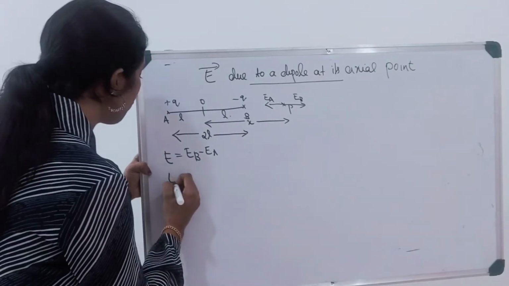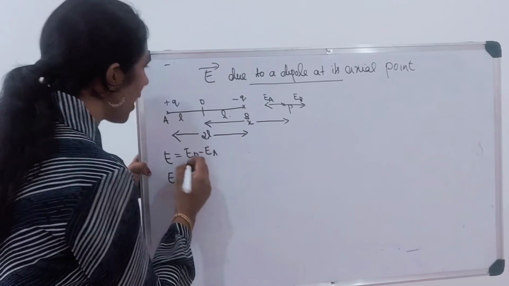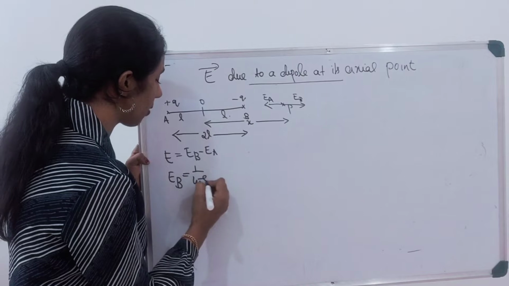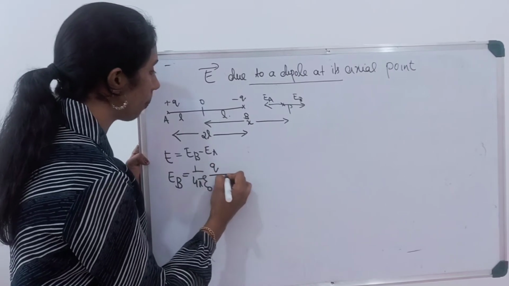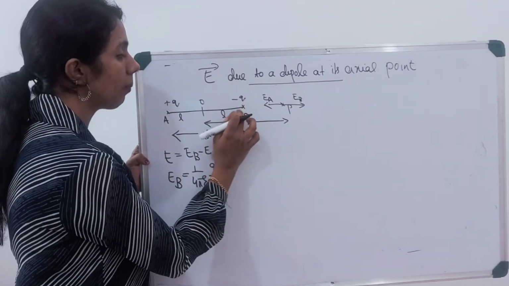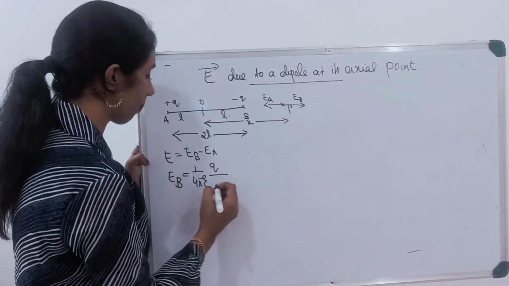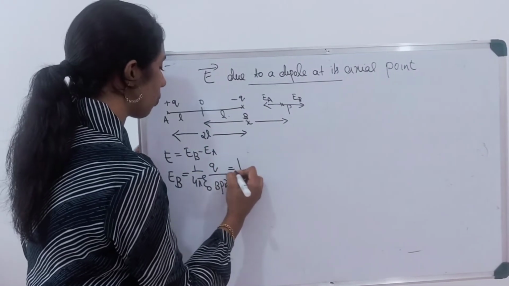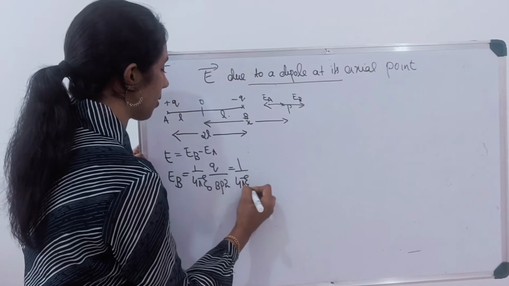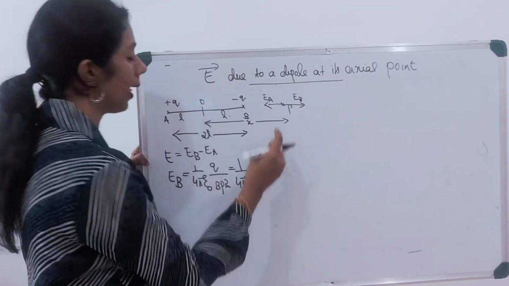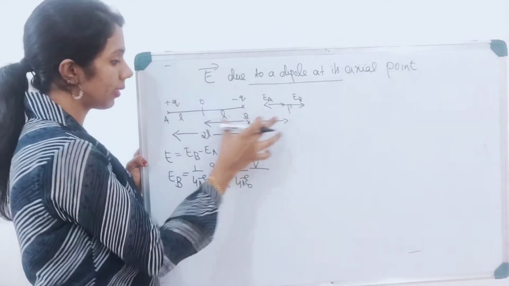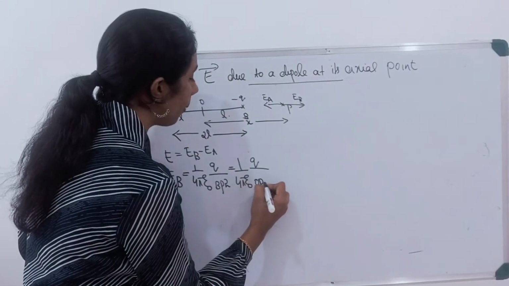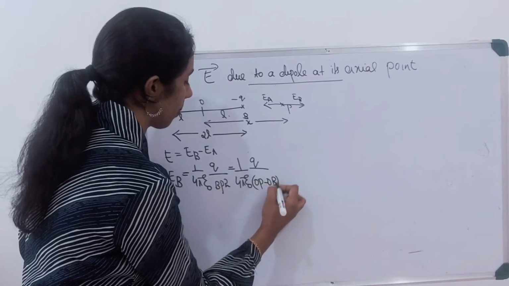So first of all, we will find EB, that is the electric field due to minus q. So it is 1 by 4 pi epsilon 0 q divided by the distance between minus q and P, which is BP. So it is BP square. Or I can write this as 1 by 4 pi epsilon 0 q divided by BP, which can be written as OP minus OB, the whole square.